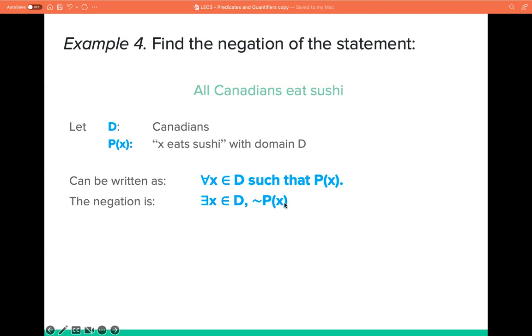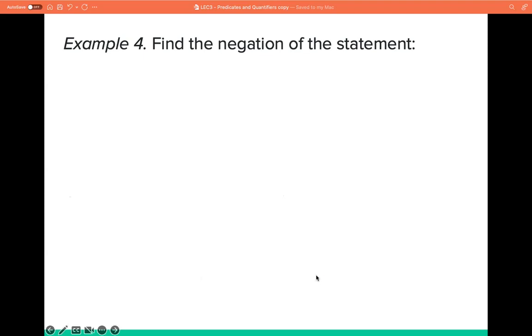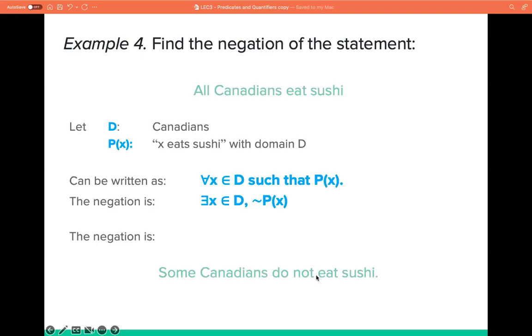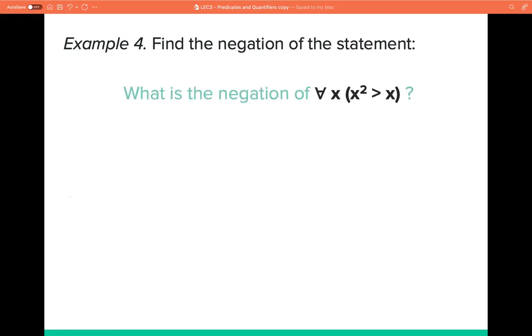In other words, there is at least one that is not. Okay, so the negation is some Canadians do not eat sushi, or there are some Canadians that do not eat sushi.